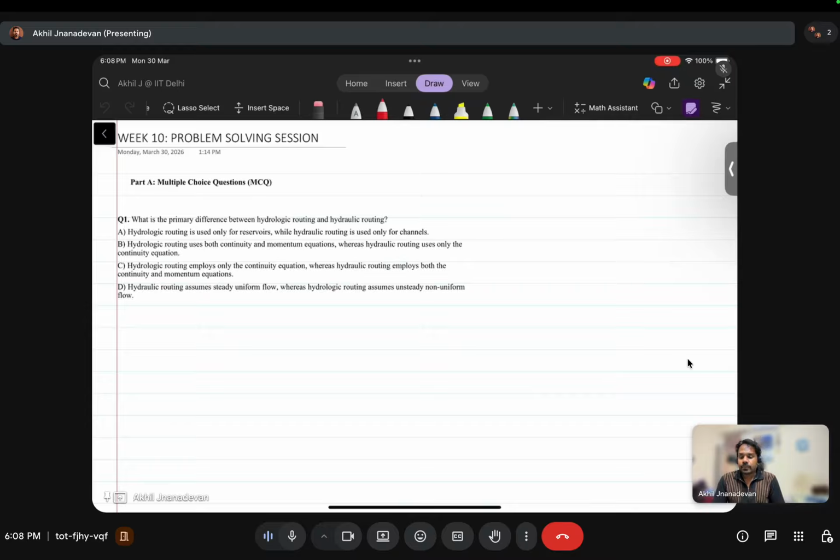And for those who have been following my lectures, the pattern which I follow is that I'll have a few MCQ questions. These MCQ questions are taken in such a way that we can brush up on the theory concepts which are very important for solving the questions that have been covered in the previous week.